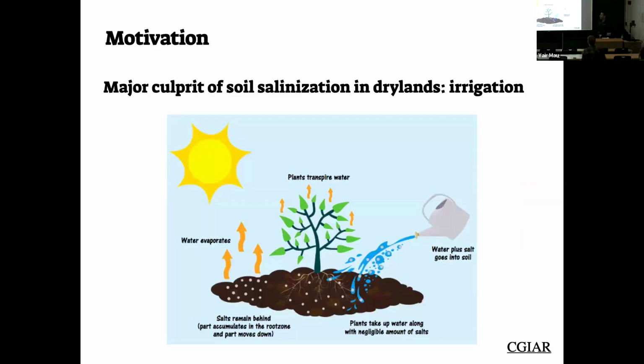So one of the major culprits of soil salinization is irrigation. I'm speaking specifically of drylands. Of course, there's not enough rainfall to sustain crops, so we have to bring water. And whenever we bring water to the field, some amount of salts is dissolved in the water.